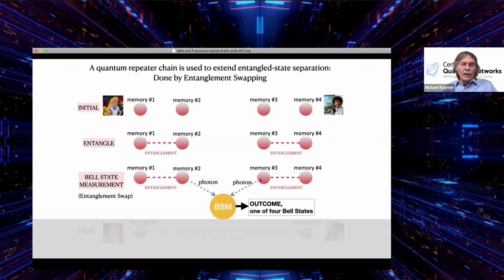Now, we try to do entanglement swapping, as Francesca described, between memories 2 and 3. We send a photon from memory 3 to the Bell state measurement, or the joint measurement, and we send a photon from memory 2 to the joint measurement, and we get an outcome.